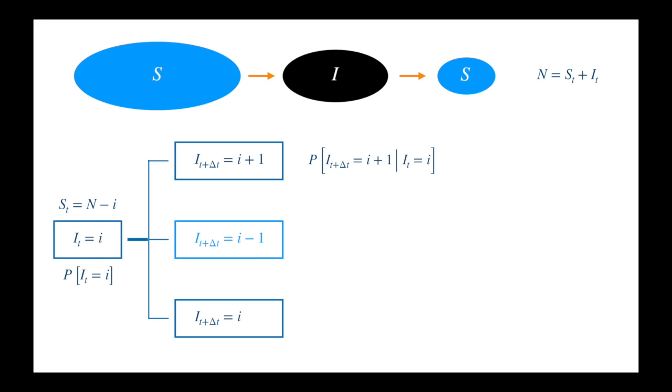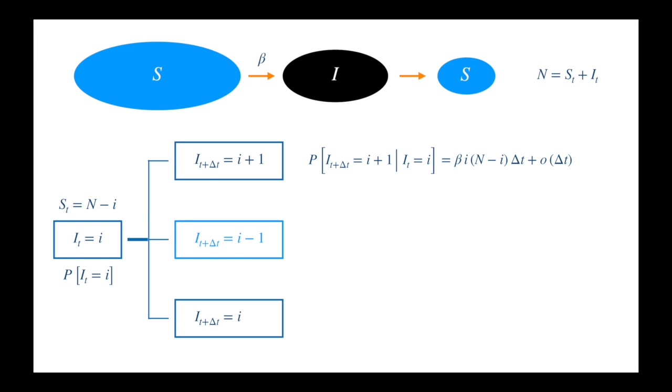We recall that the number of interactions between the susceptibles and the infectives will be of the scale S times I, and we represent the scaling factor by beta, which captures both the number of contacts and the probability of infection per unit time. So we can write the probability as follows. The O of delta t means the residual term will be of order delta t, which means it goes to 0 faster than delta t.